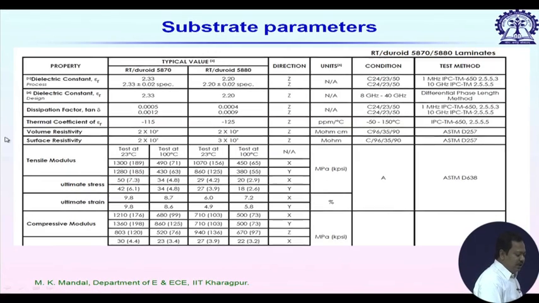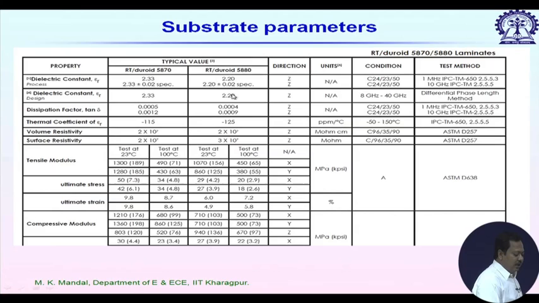This page I am showing is from Rogers Corporation's website. This is the data sheet. So, you can see the dielectric constant epsilon r, some suggested values are given. They are calling it the design value. For 5870, it is 2.33. For 5880, it is 2.2.